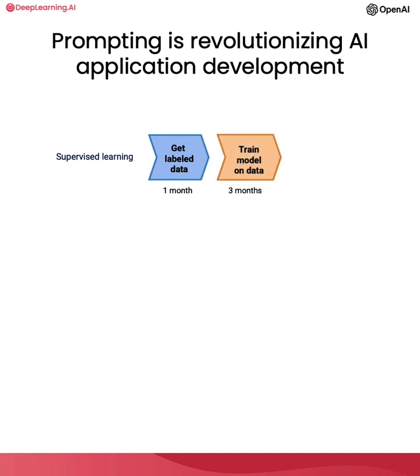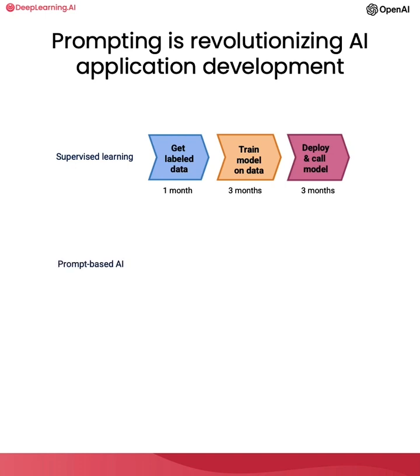Then you would train a model on the data, getting an appropriate open source model, tuning the model, evaluating it. That might take days, weeks, maybe even a few months. And then you might have to find a cloud service to deploy it, and then get your model uploaded to the cloud, and then run the model, and finally be able to call your model. And it's again not uncommon for this to take a team a few months to get working.